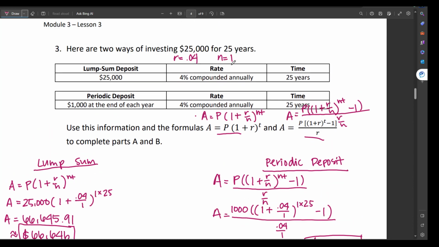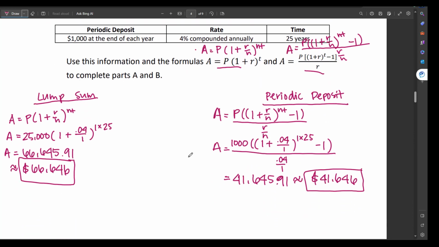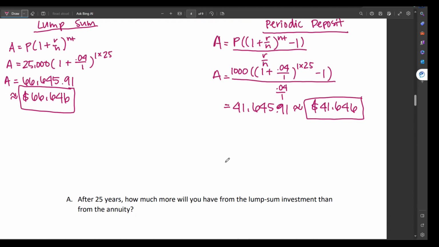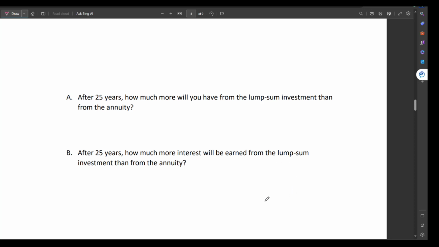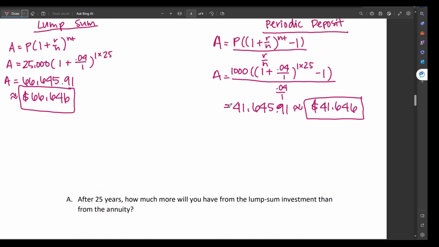So, the question is going to ask you, it says, after 25 years, how much more will you have from the lump sum investment than from the annuity? And then after 25 years, how much more interest will be earned from the lump sum investment? So, how much more money do we have in our account?